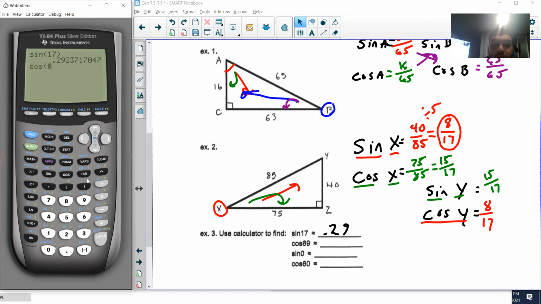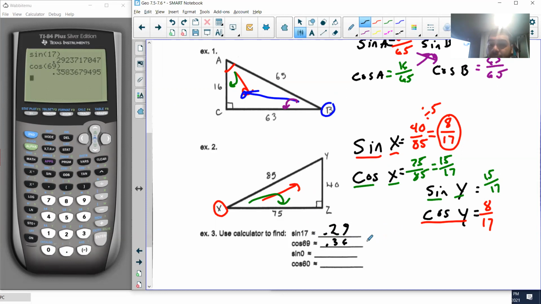Next one, cosine of 69. Close parenthesis, enter, 2 decimal places. 0.36. Sine of 0, you just put in 0.